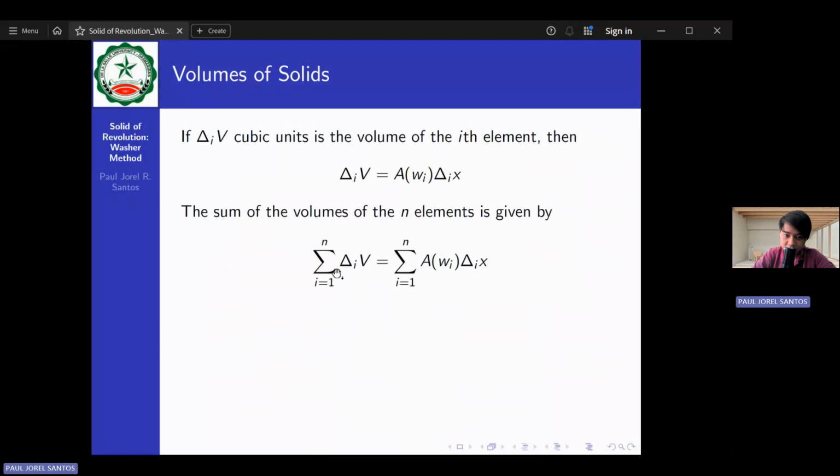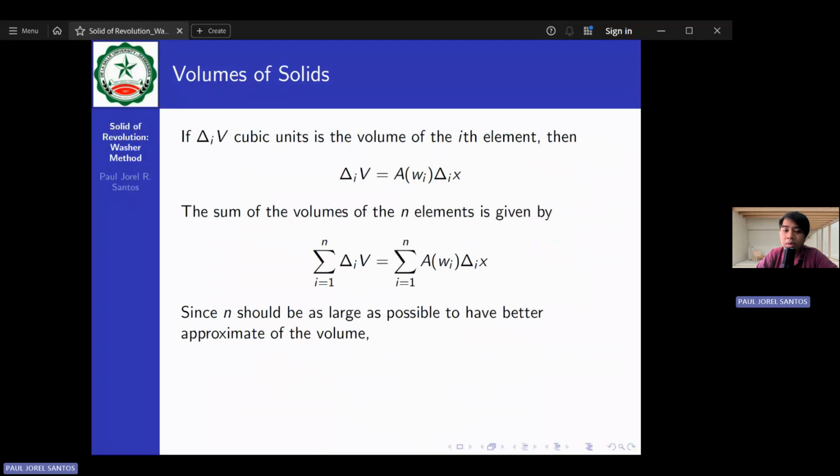So the summation of delta sub i V from i equals 1 to n is equal to the summation of A of w sub i times delta sub i x from i equals 1 up to n. Since n should be as large as possible to have a better approximation of the volume, we should have a partition that is as small as possible.